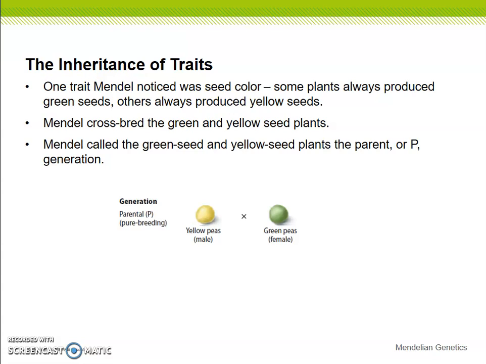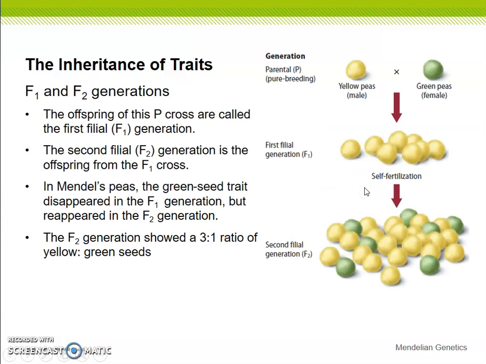So those were the parents, the pure breeding yellow pea. If he let it self-fertilize, it would only produce yellow peas. And the green pea, if he allowed it to self-fertilize, would only produce green peas. So he bred those two together, and that resulted in the first filial generation, or the F1.